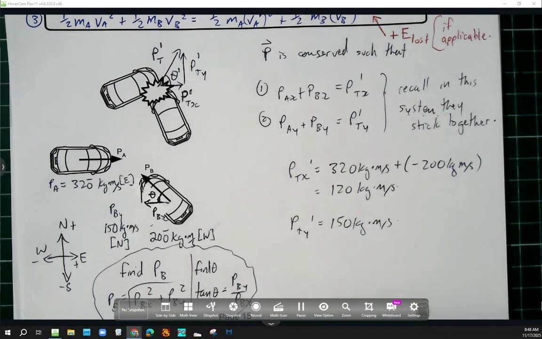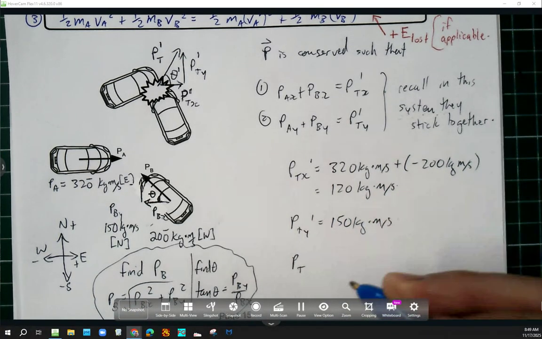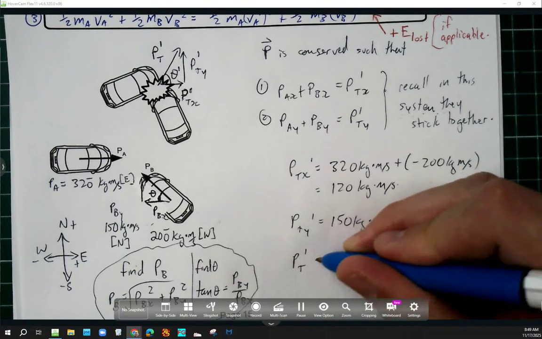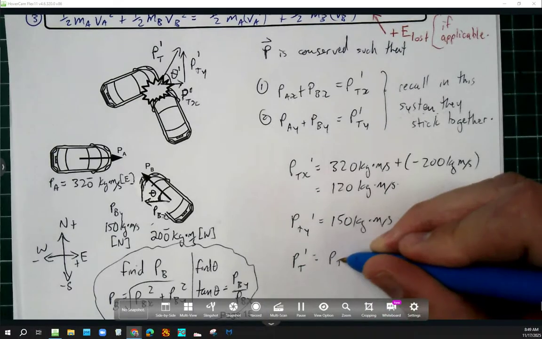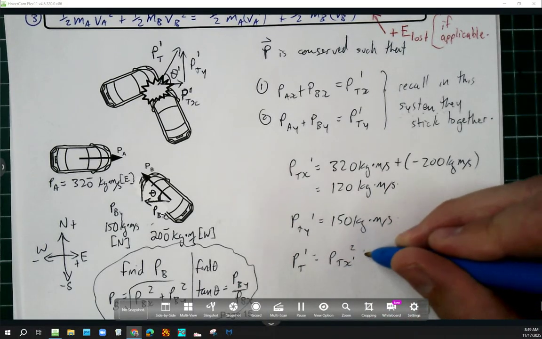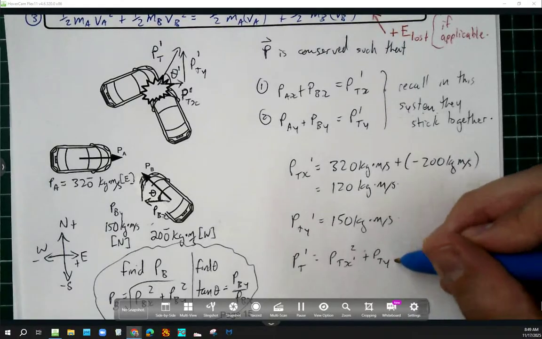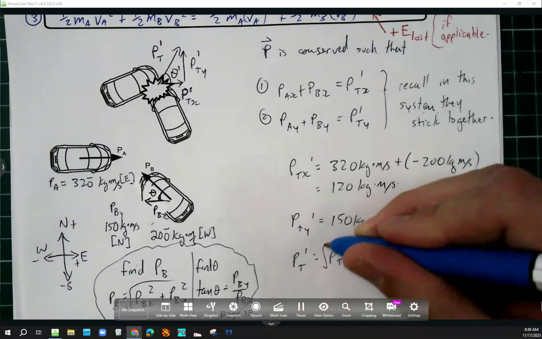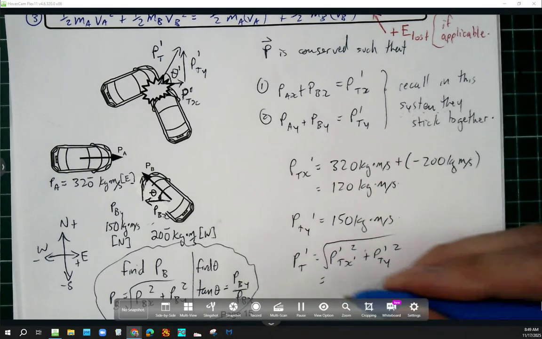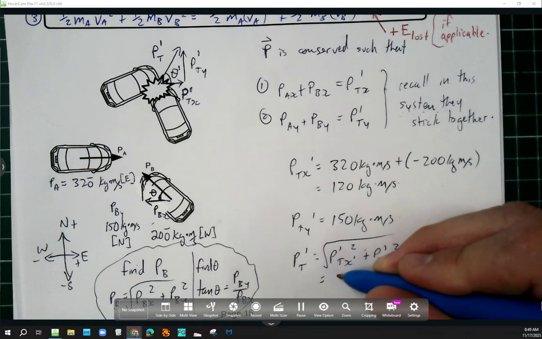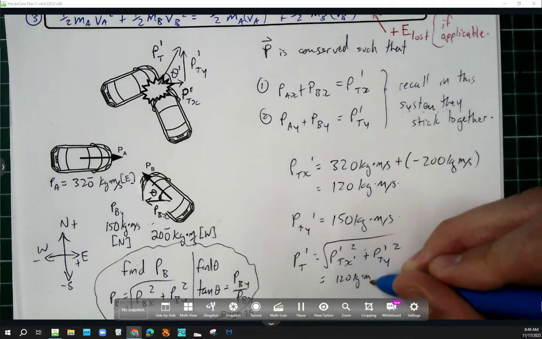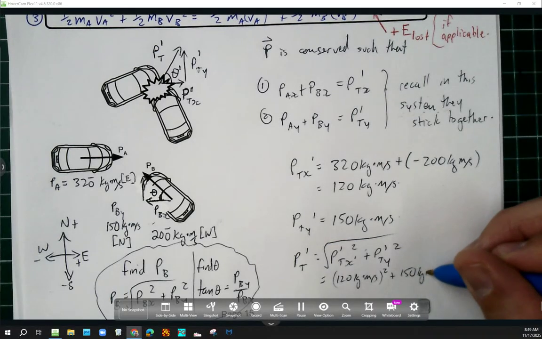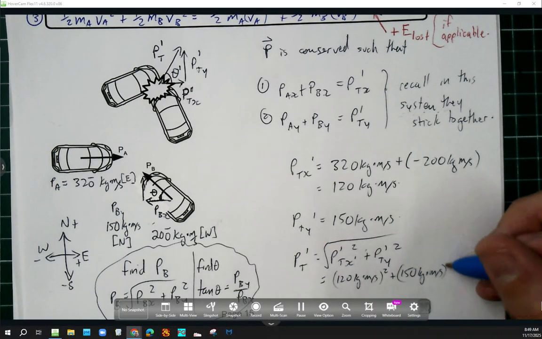And then when we go to find P total primed, P total primed is going to be P total x primed squared plus P total y primed, oops, I put my primed in the wrong spot, squared, all square rooted. A little help on the calculators maybe from you guys. 120 kilogram meters per second squared plus 150 kilogram meters per second squared, all rooted.